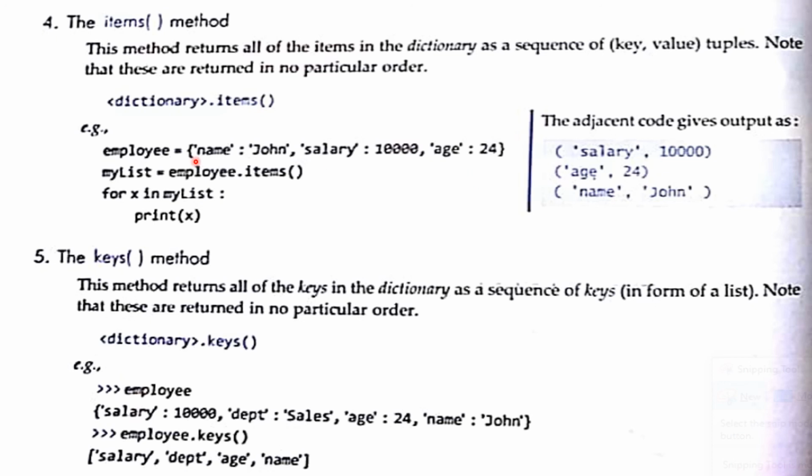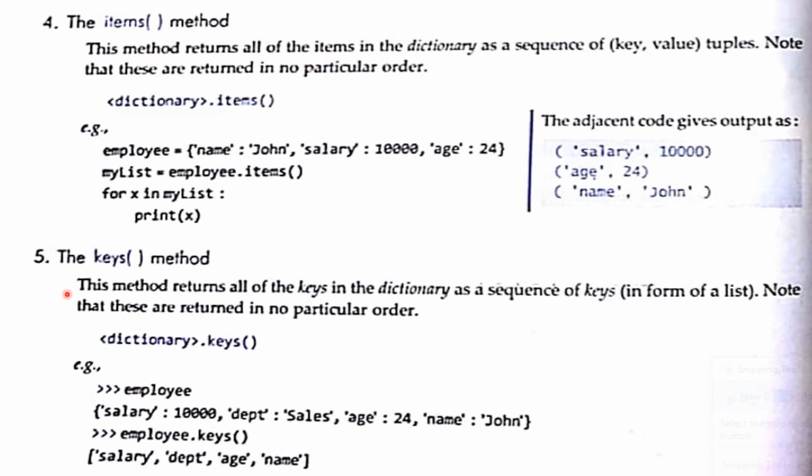We have taken in another variable mylist equal to employee.items. Here we have used a for loop and it will access all the items from the dictionary and print salary 10,000, age 24 and the name John. This also has come in an unordered way.